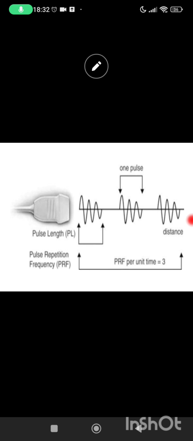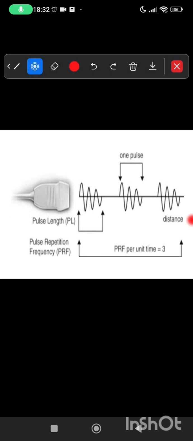So here we can see the spatial pulse length. What is the spatial pulse length? The total length of one pulse is the spatial pulse length. Its formula is the number of cycles multiplied by the wavelength.